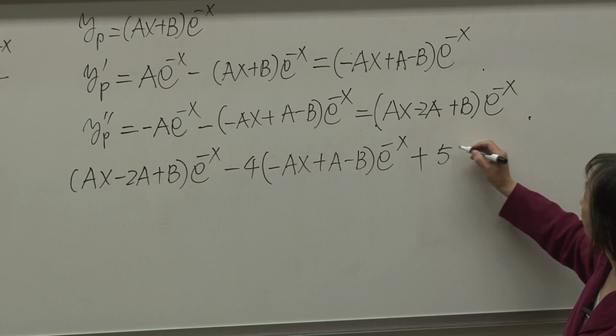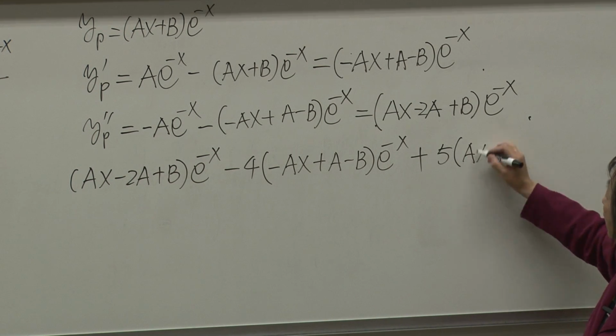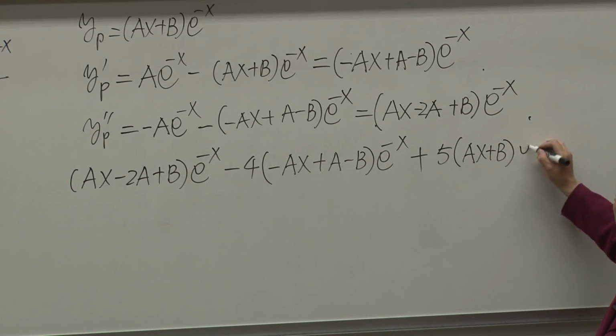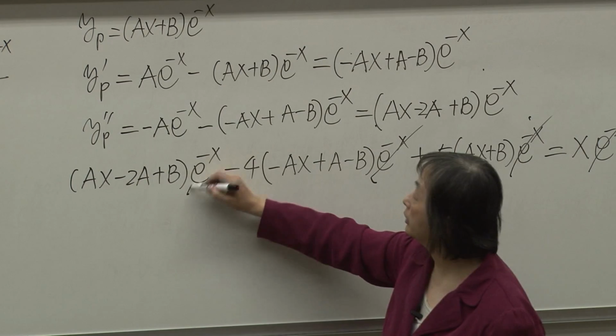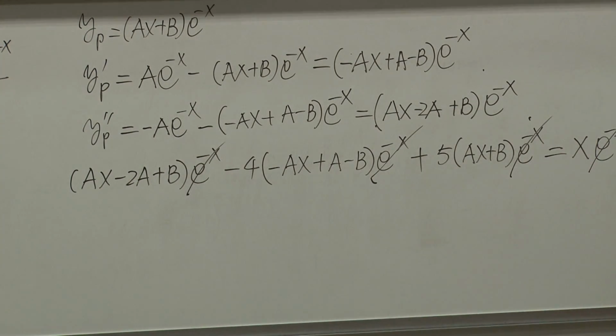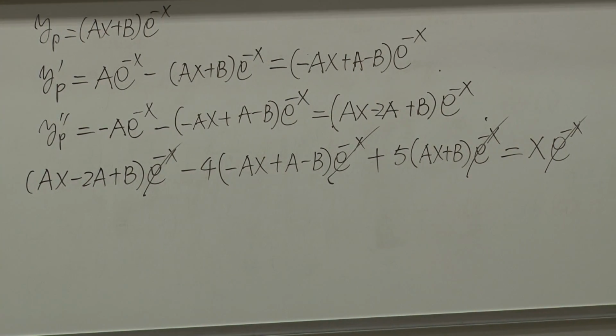So we have 5 times quantity ax plus b times e to negative x. The other side is x e to negative x. We immediately cancel out e to negative x from each term because it's non-zero.